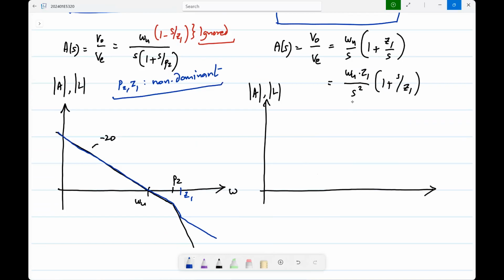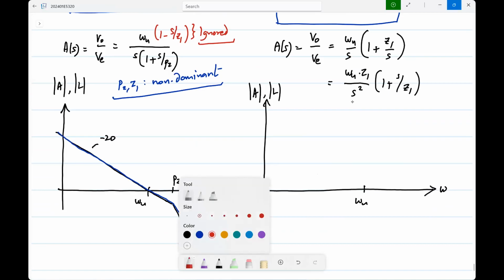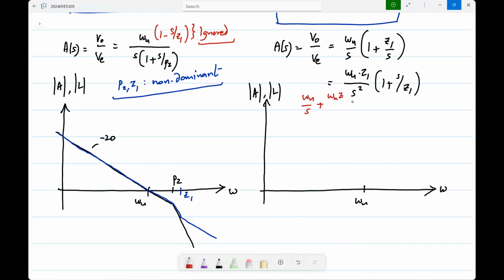Now, what will the loop gain look like in the other case? For the feed-forward op-amp, what will the loop gain look like? Yeah. So basically, let me try to sketch it with approximately the same omega u. So what happens is, there are a couple of different ways to look at this. Maybe the easiest way to sketch is to split this as omega u by s plus omega u Z1 by s square. Okay.